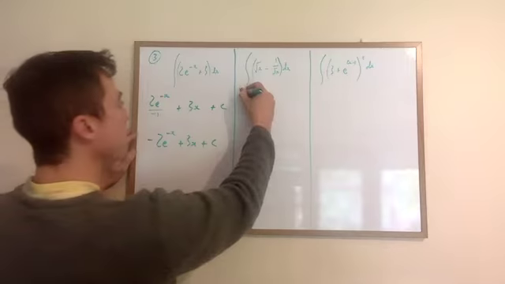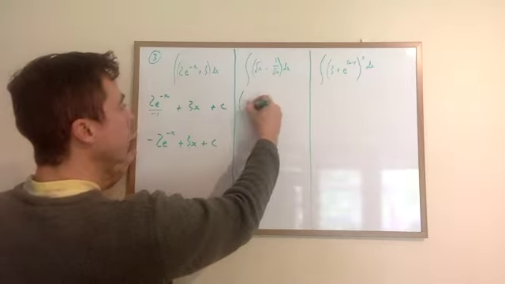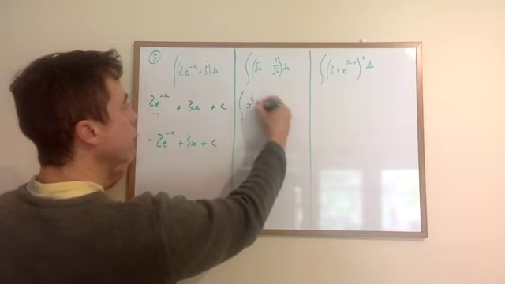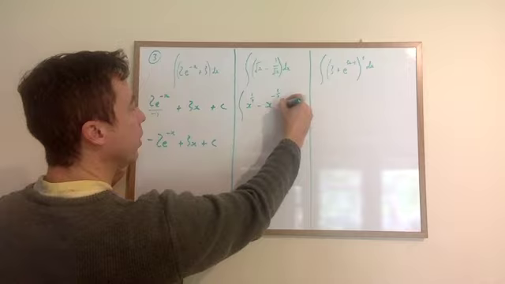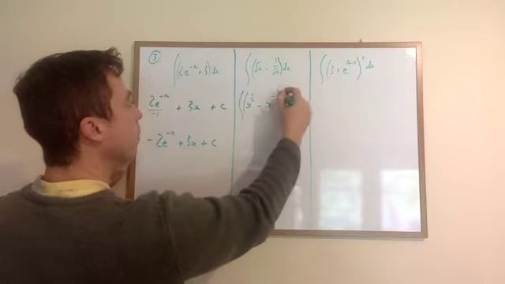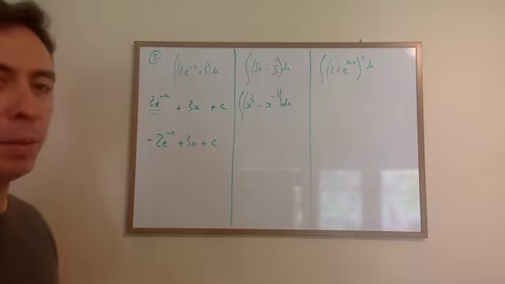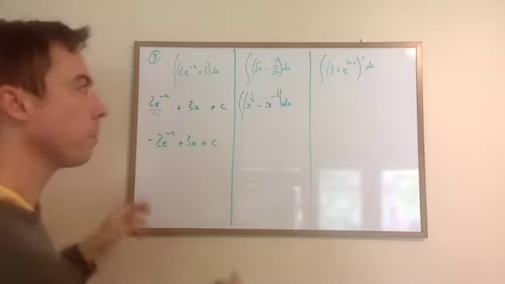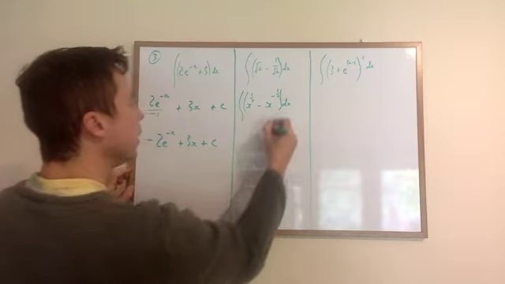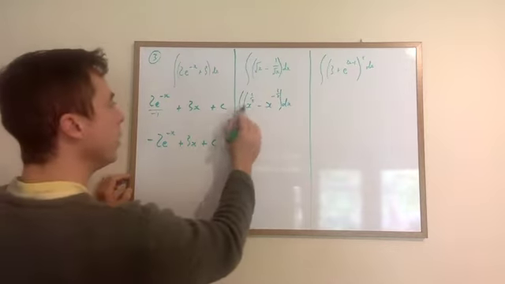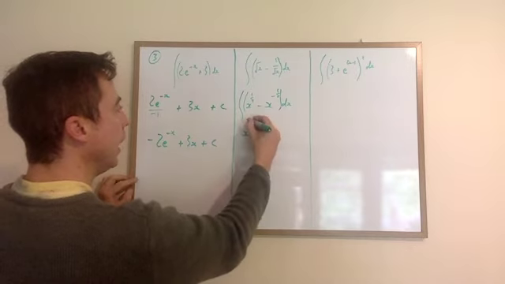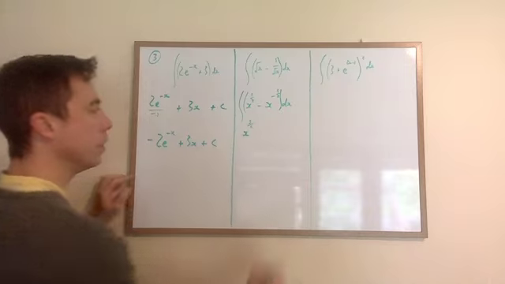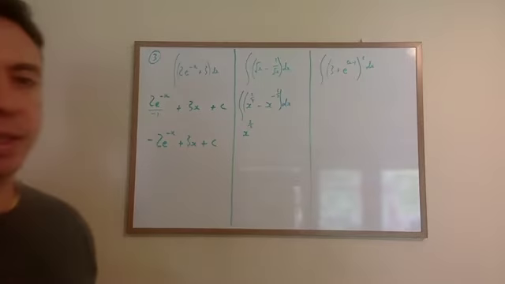Question like this I would be rewriting using fractional indices to help myself apply this reverse power rule that we use. That's supposed to be brackets. So I've got x, I'm going to add 1 to the power, and then I'm going to divide by that.